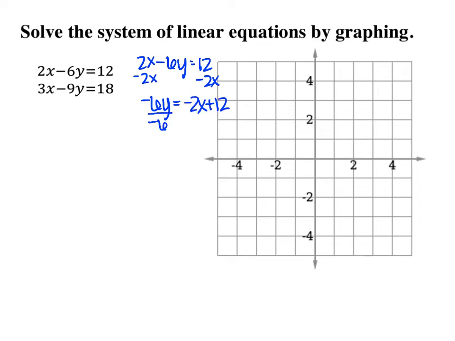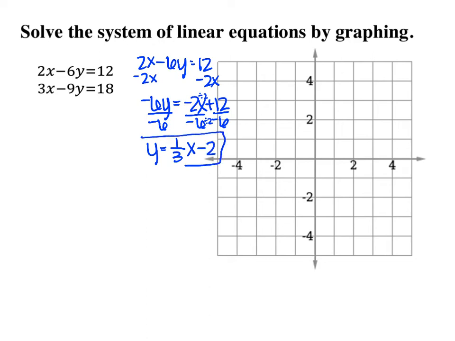And then divide everything by negative 6. I end up with y equals, a negative divided by a negative is a positive, and 2 over 6, I can divide both of those by 2 to reduce that to 1/3 x. Positive divided by a negative is a negative, and 12 divided by 6 is 2.